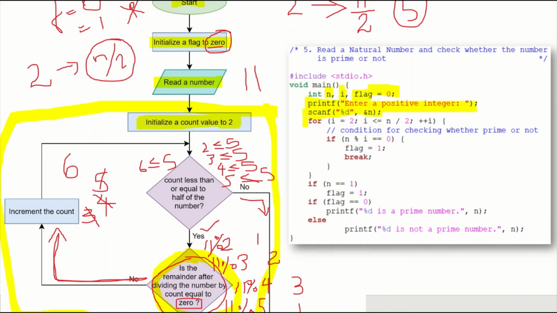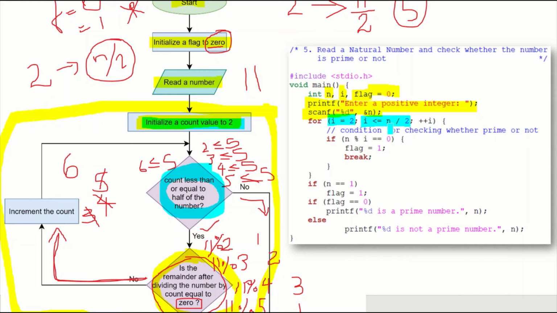Inside the for loop, I am initializing i to 2, and then checking the condition i less than or equal to n by 2, whether the count is less than or equal to n by 2.